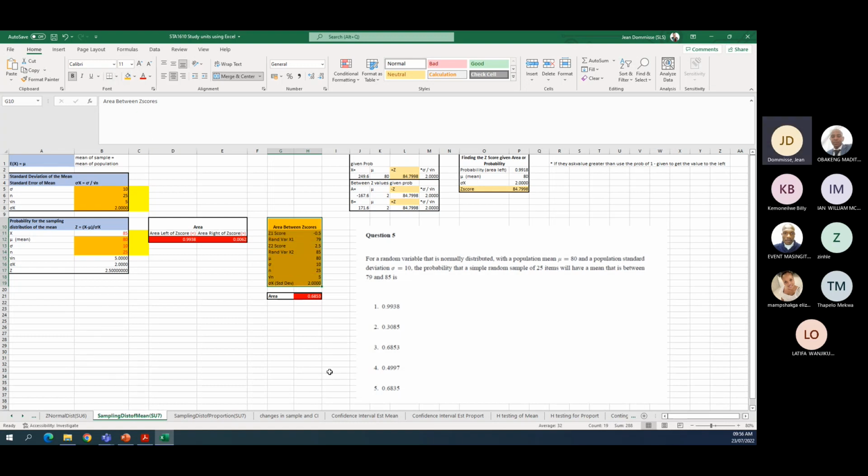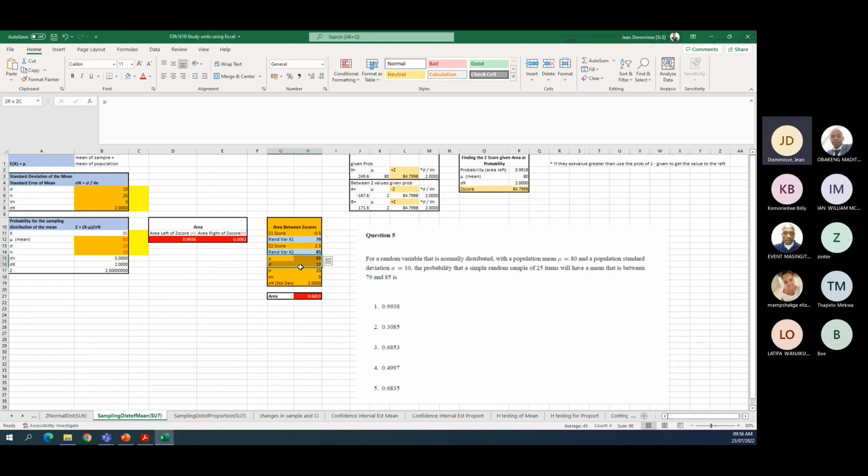This was actually very easy, if I can put it that way. There's your 79. Let's make it bold. There's your 85. Let's make it bold. So those were the 2 x's that you needed to put in.